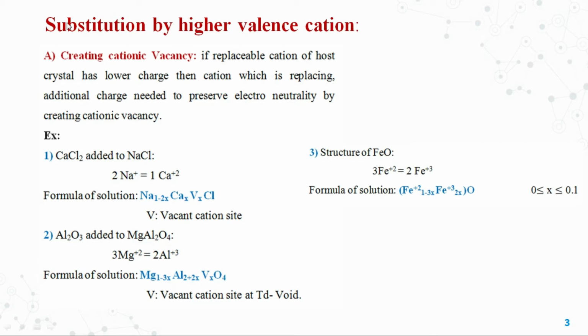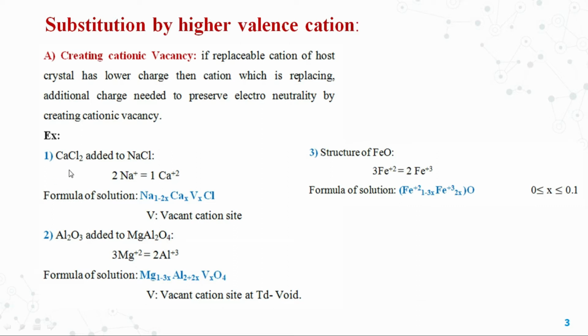The first case is creating cationic vacancies. If the replaceable cation of a host crystal has a lower charge than the cation which is replacing it, the additional charge is needed to preserve electroneutrality by creating cationic vacancies.